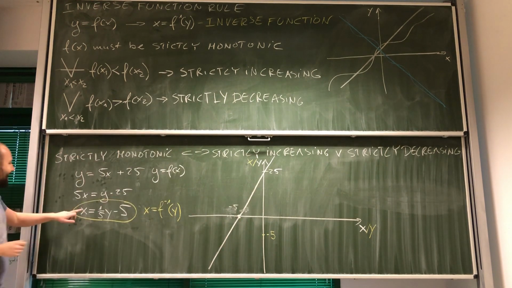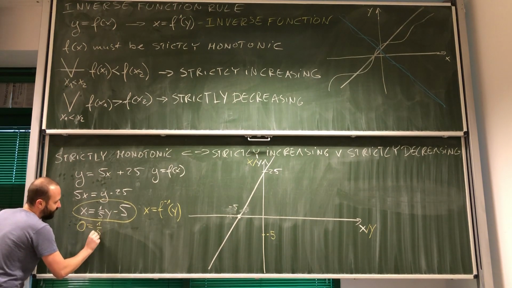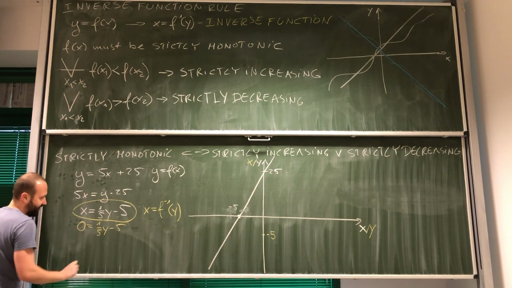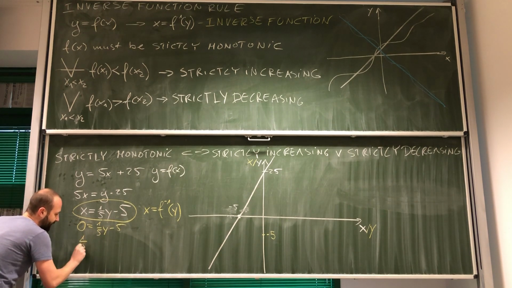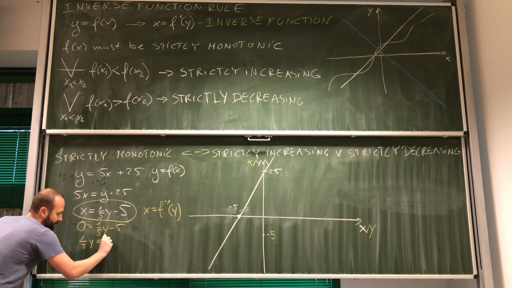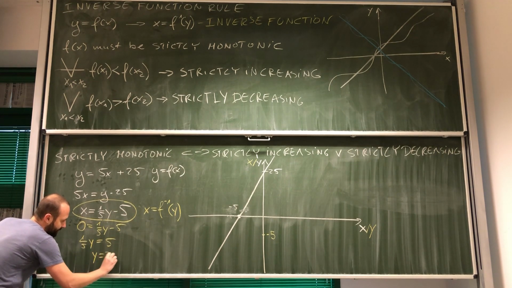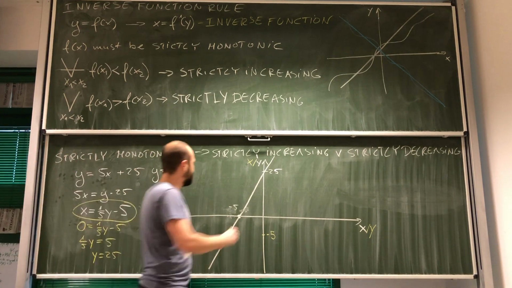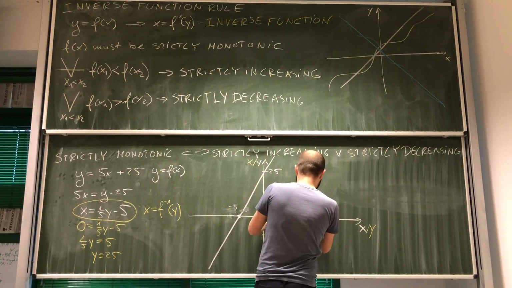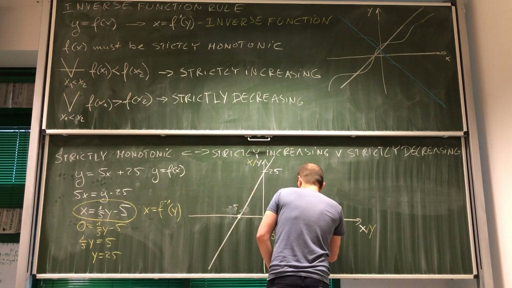And now, if x is 0, let's solve this so you can see it. It's 1 over 5, y equals negative 5. And again, if I move this to the other hand side, I'm getting that y is equal to 25. So let me put this more or less 25 over here.